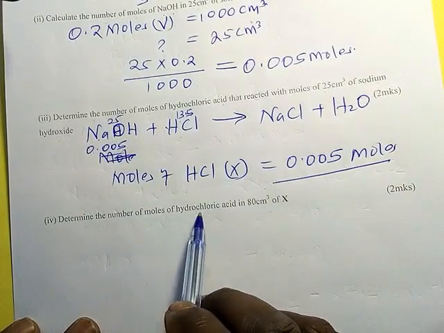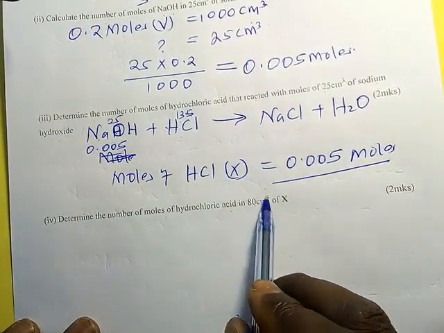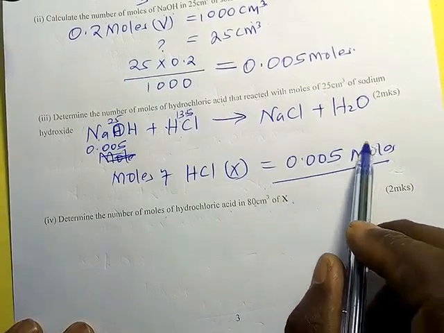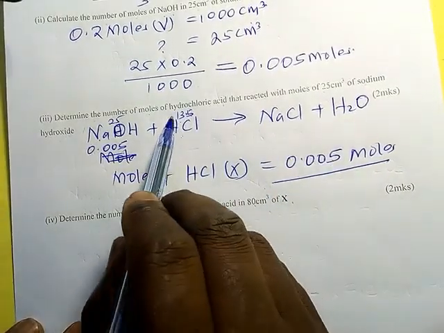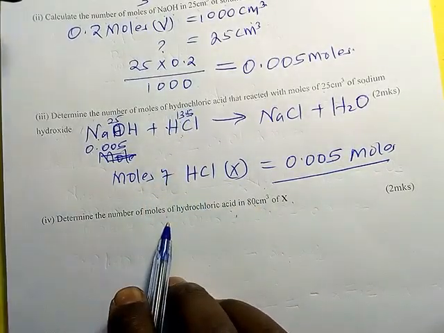Determine the number of moles of hydrochloric acid in 80 centimeters cube solution X. Now we will ask, if this is the number of moles of X in 13.5, what about 80?